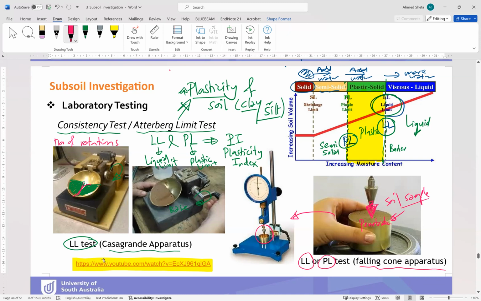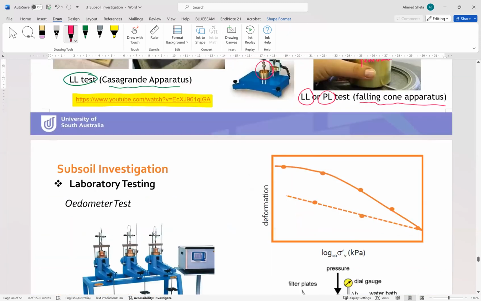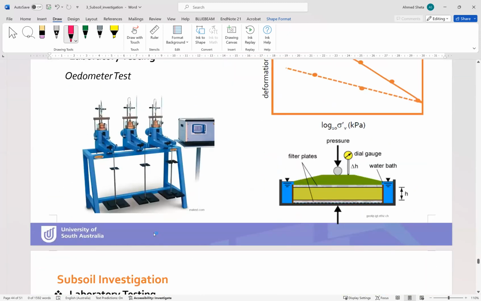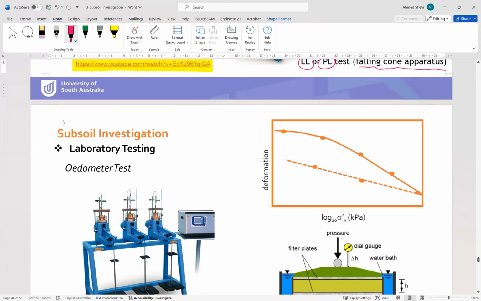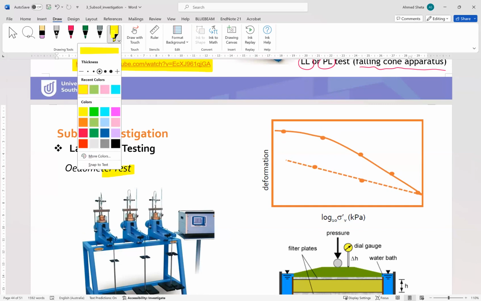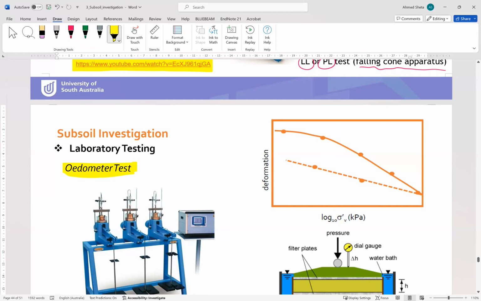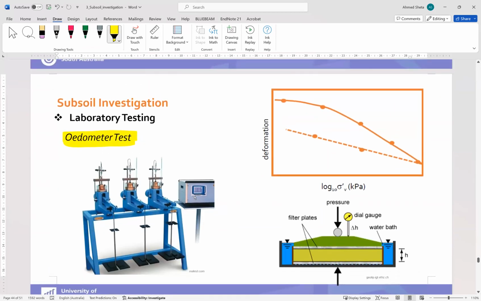And the next test is the oedometer test. The oedometer test is used for the consolidation properties of the soil.